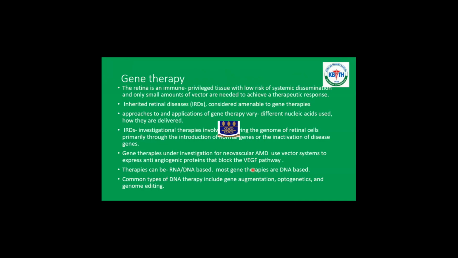And so there's low risk of systemic dissemination when you inject things there. And then also you just need a small amount of vector to achieve your therapeutic response in patients with retinal conditions. And it's being used in the treatment of a number of inherited retinal diseases.